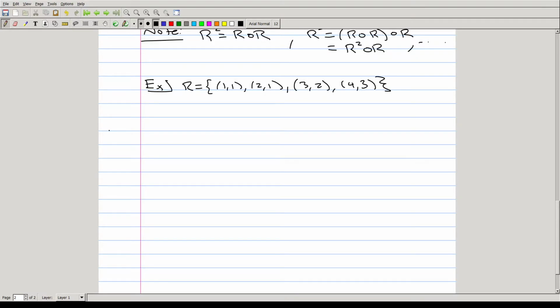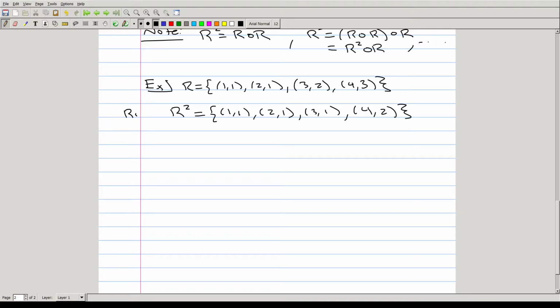If we go through and use a similar idea to what we did before, we consider looking for R squared. Well, we end up getting (1,1), (2,1), (3,1), and (4,2).